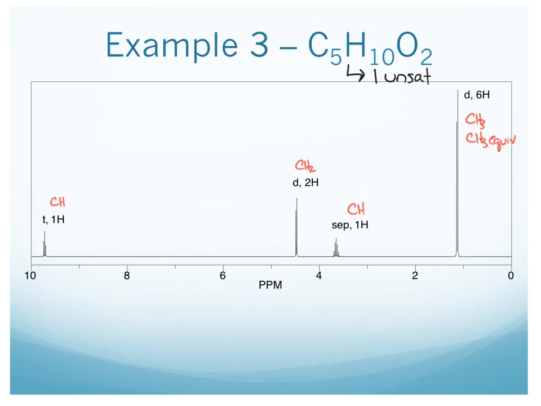Also, the fact that it's a triplet means they're splitting. You'll get splitting in aldehydes, but if we had a carboxylic acid like this, there's no coupling through this heteroatom, that would just be a singlet. So it's not that.